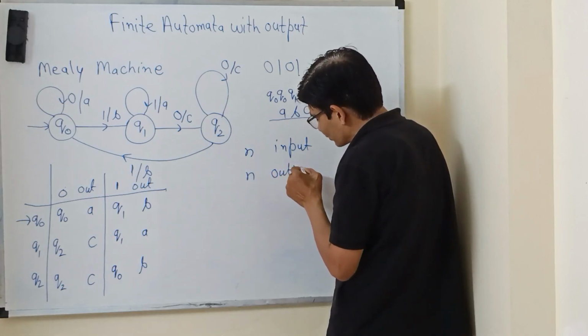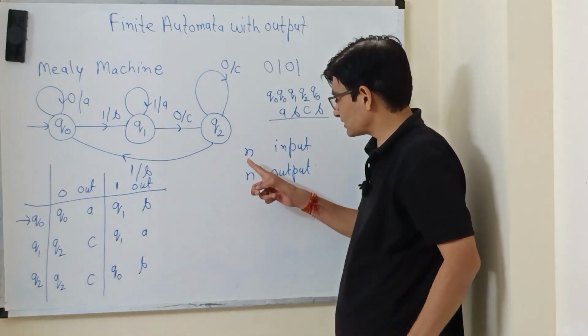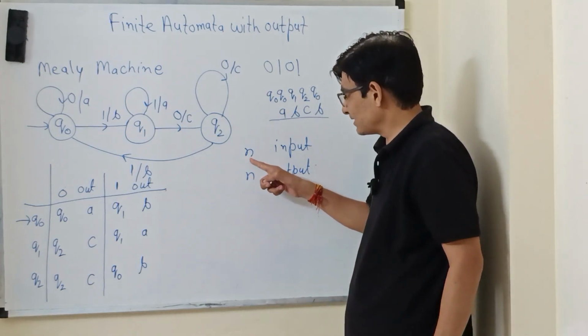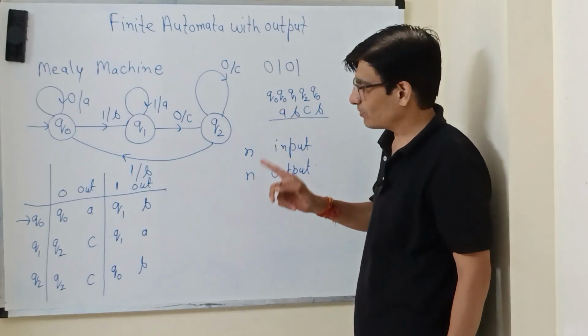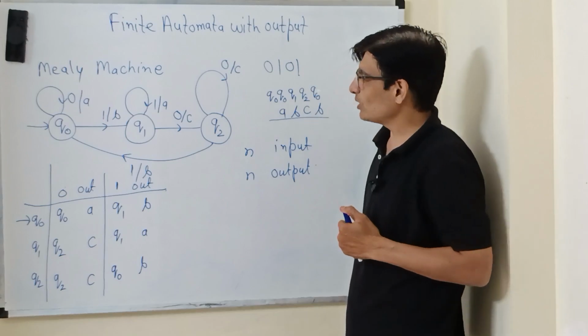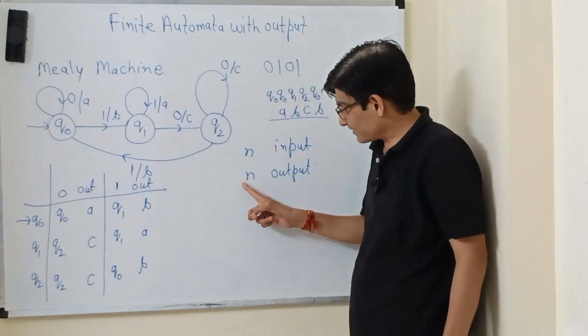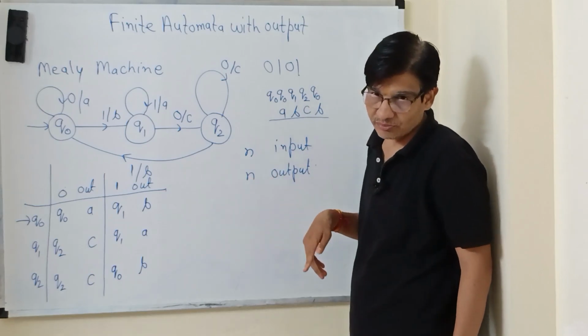Whatever the size of your input is, the same size output is generated by the Mealy machine. While if you remember, in the case of the Moore machine, for n input symbols it was generating n plus 1 output symbols.